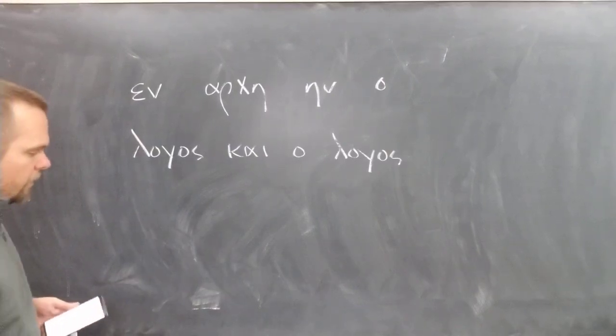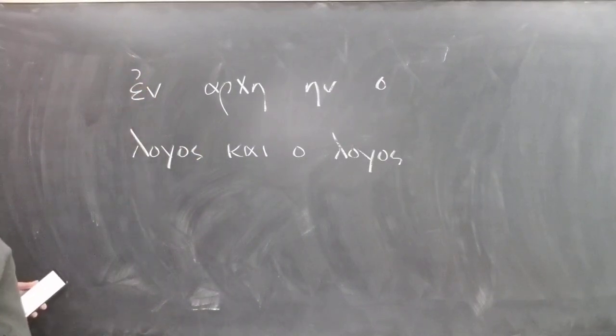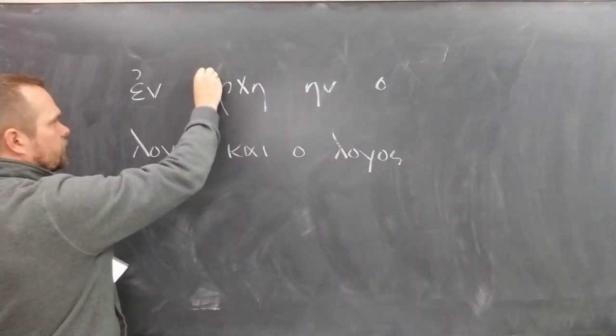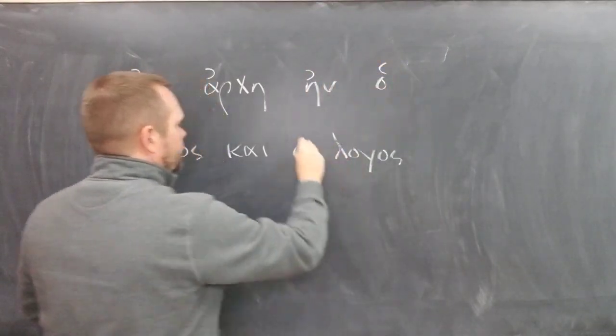You'll see other marks. You'll see, for example, breathing marks. Anytime a word begins with a vowel, you'll see breathing marks like that.